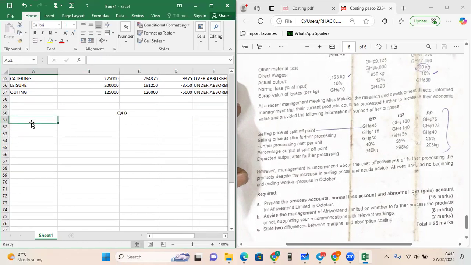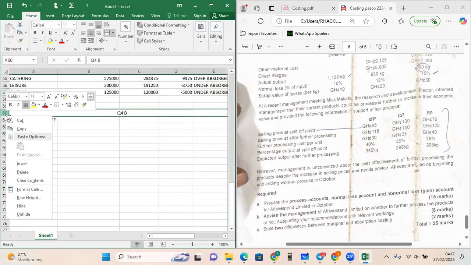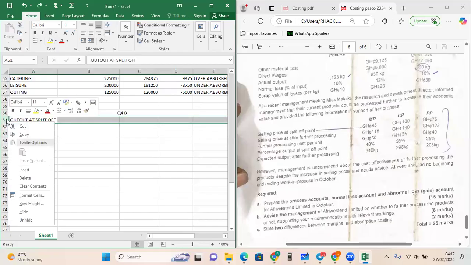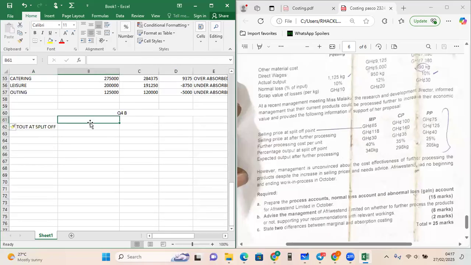So what we are going to do is calculate the output at the split off point. We have MP, CP, and then we have PP.